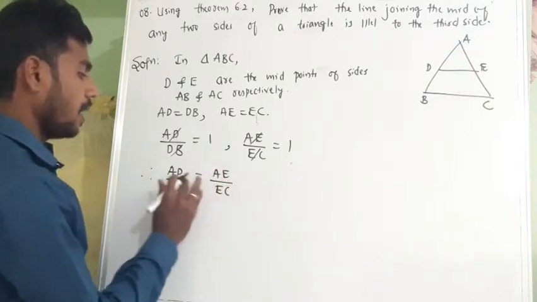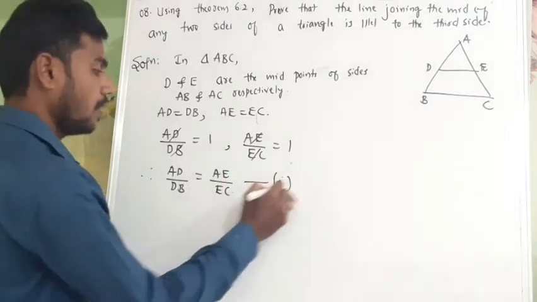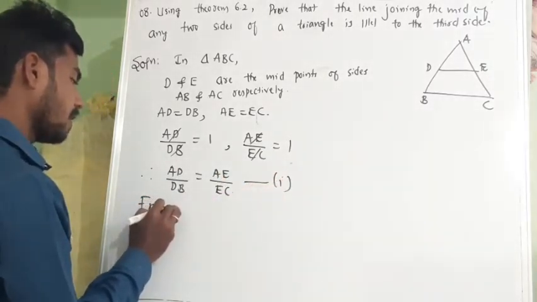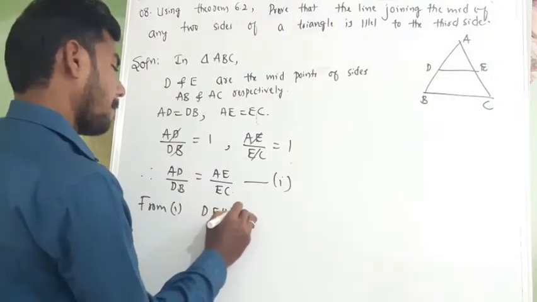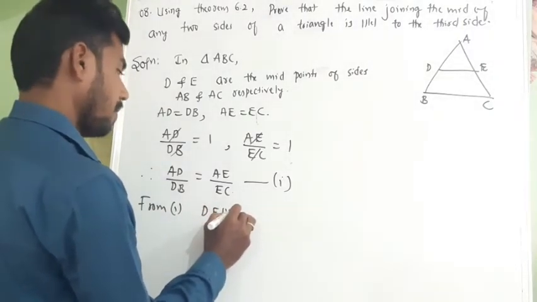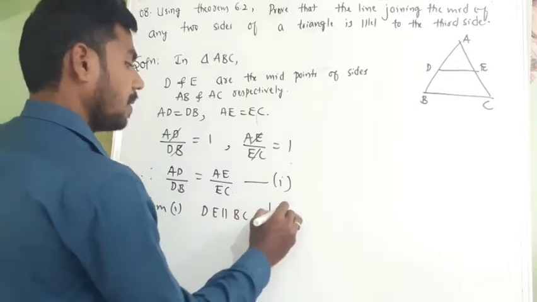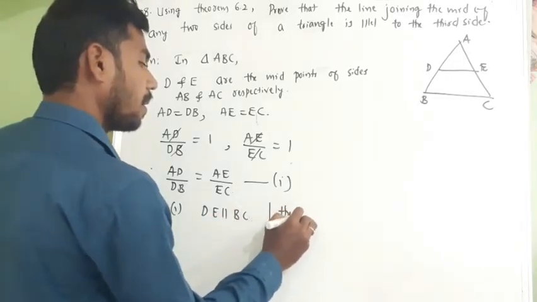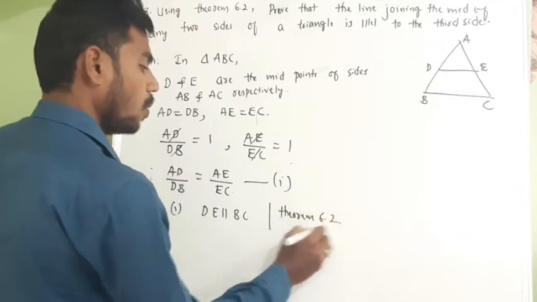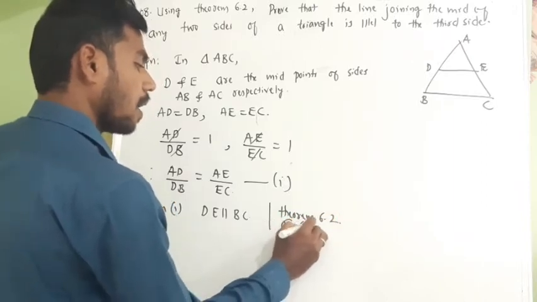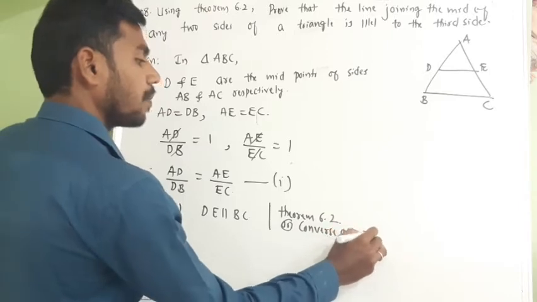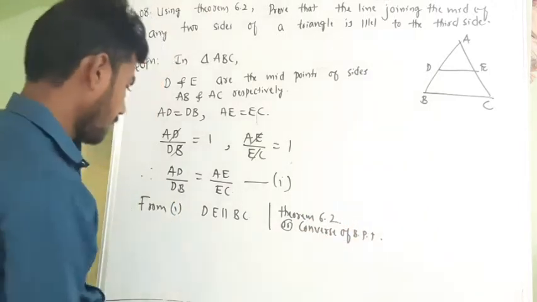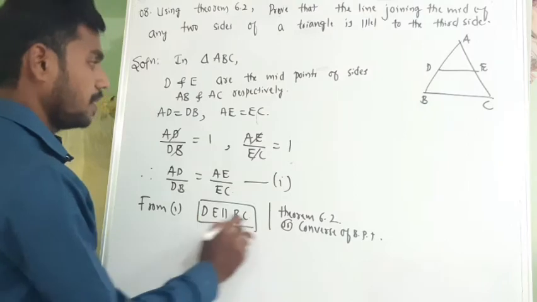I will call it equation 1. From 1, what can I say? DE is parallel to BC. This is from theorem number 6.2, or the converse of BPT, basic proportionality theorem, one and the same. So we proved it. Please note this down.